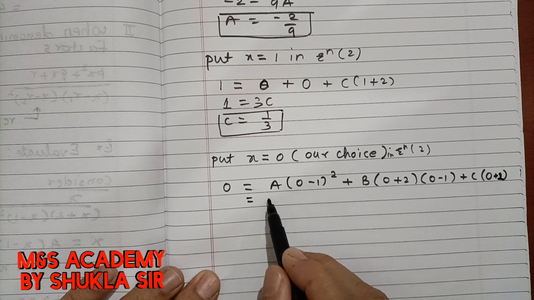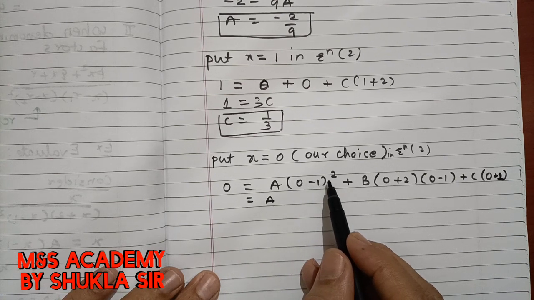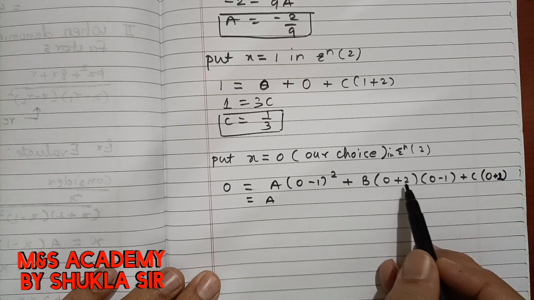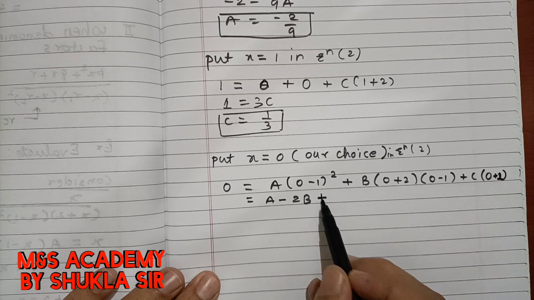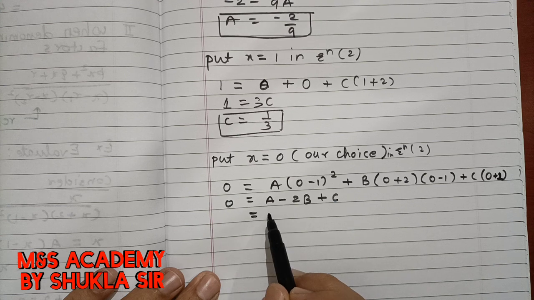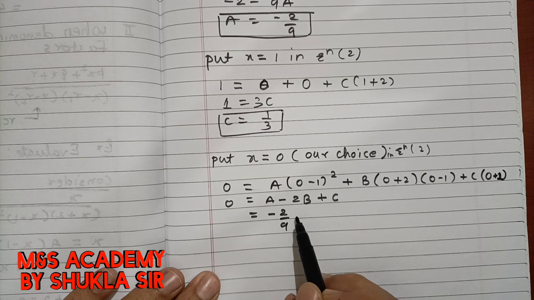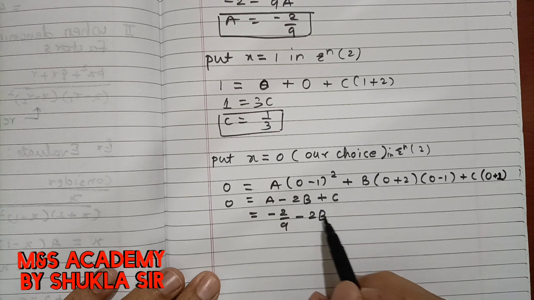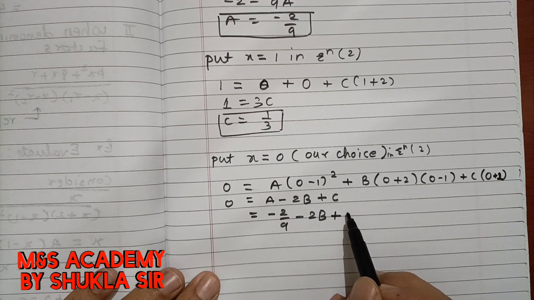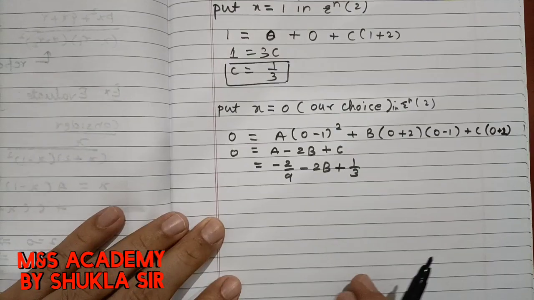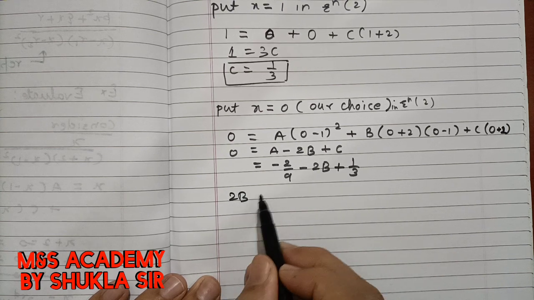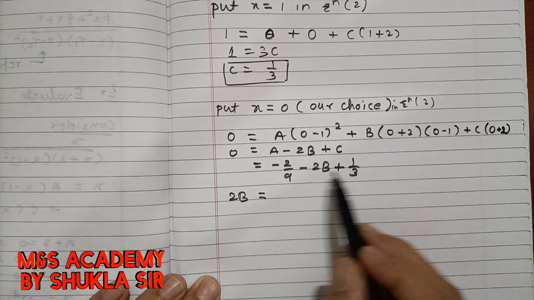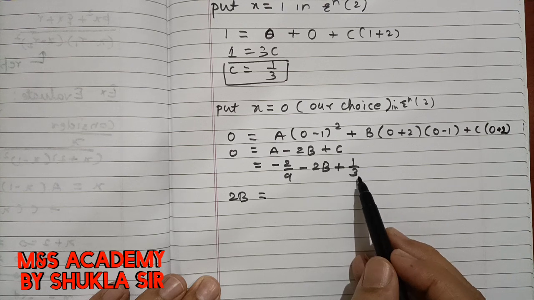Simplify this one. So 1 is a times 1, since minus 1 square is 1. So a plus, minus 1 into 2 is minus 2, so minus 2 into b. This is 1 into c, which is c. So the value of a is minus 2 by 9, minus 2b, we need to determine b, and c is 1 by 3. So this 2b is equal to, simplify this. So LCM is 9, 3 threes are 9.